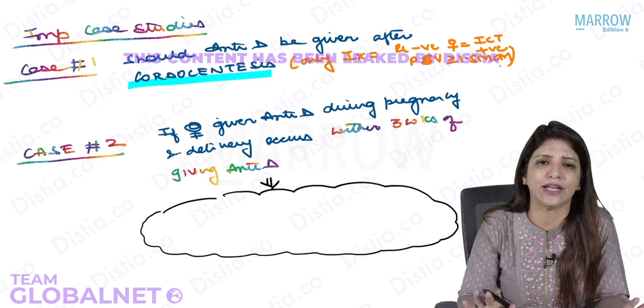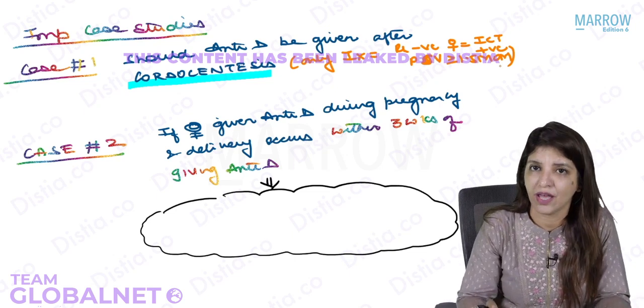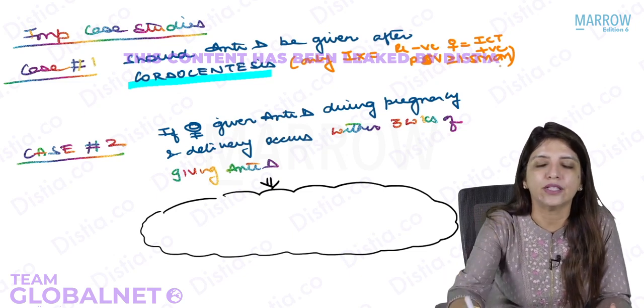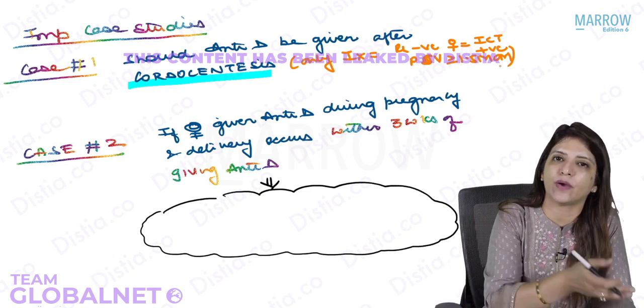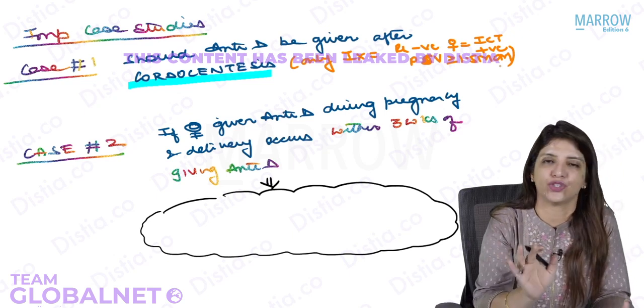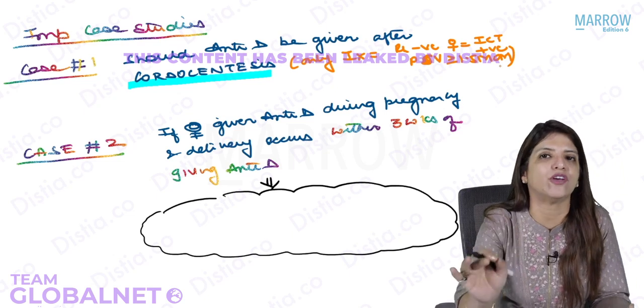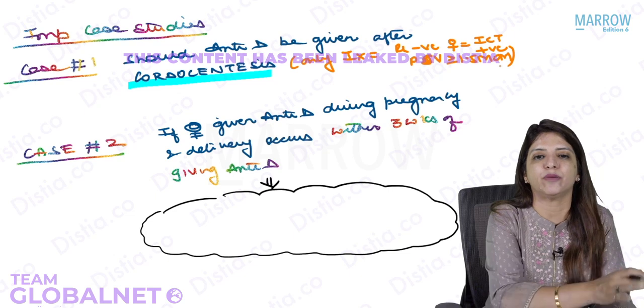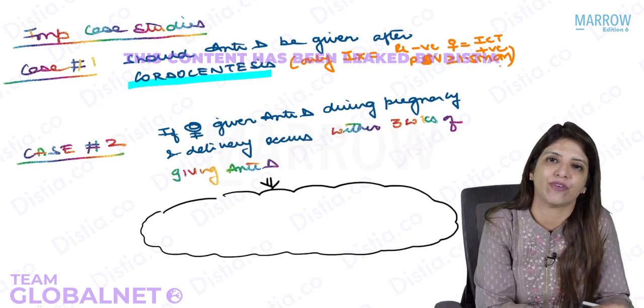Right? That is the only indication for doing chordocentesis. So this means if you are doing chordocentesis, already the mother is sensitized, and that is why you are doing chordocentesis. There is only one indication. You have to do chordocentesis only if mother's indirect Coombs test is positive and her peak systolic velocity is more than 1.5 MoM.